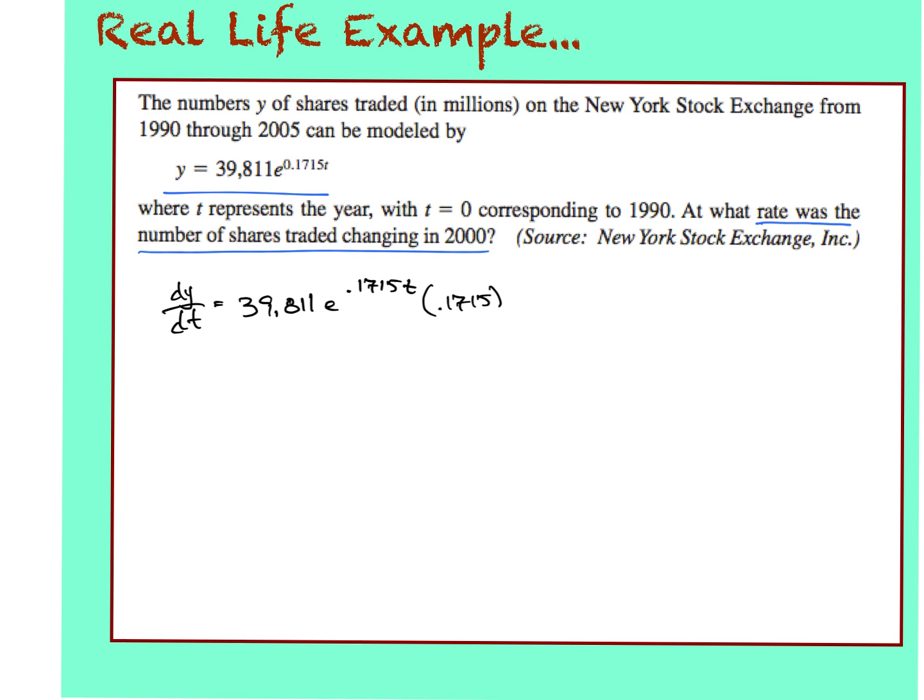All right, so there's my derivative. And what do I want to evaluate that derivative at? At 10. Why is it 10? Because it's 10 years after what? 1990. So I want to say dy dt at time equals 10. And then I bust that thing into my handy dandy calculator.